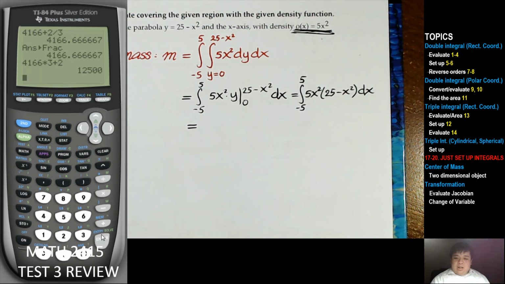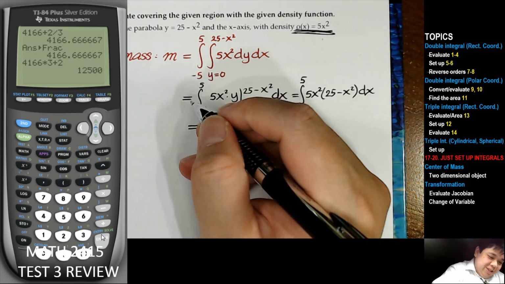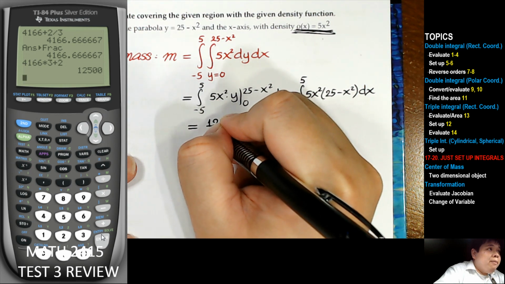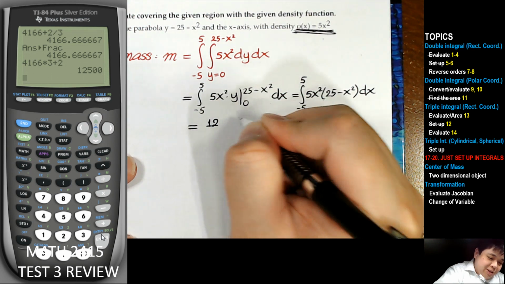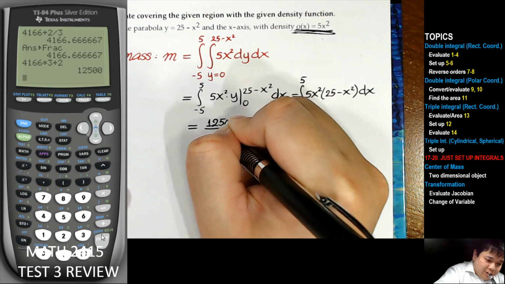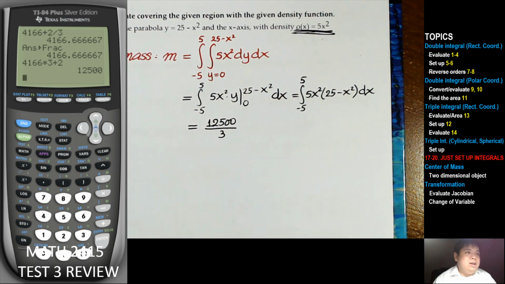Right, so that over 3. Right, 1, 2, 4. There. So that is the mass.